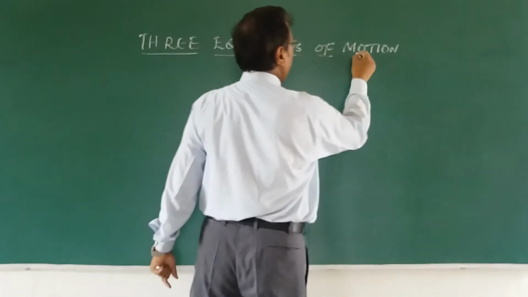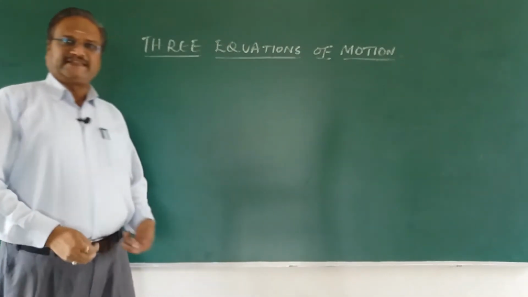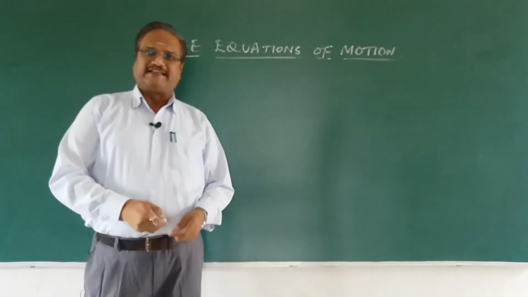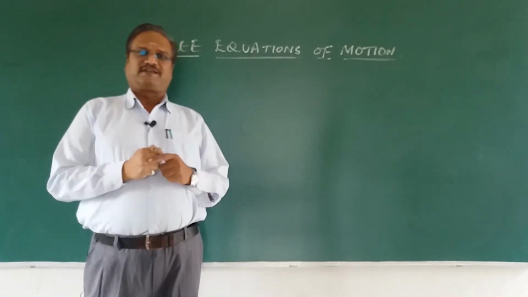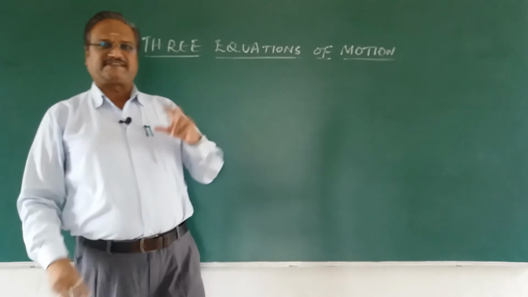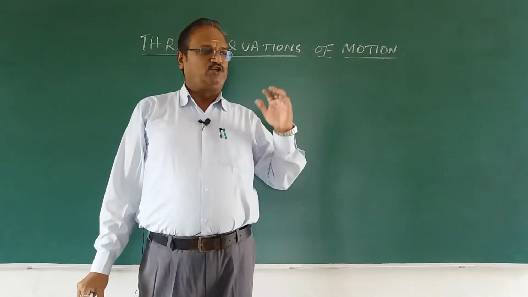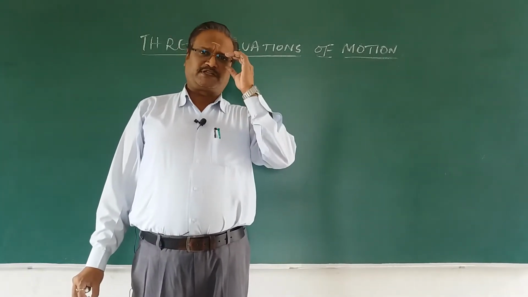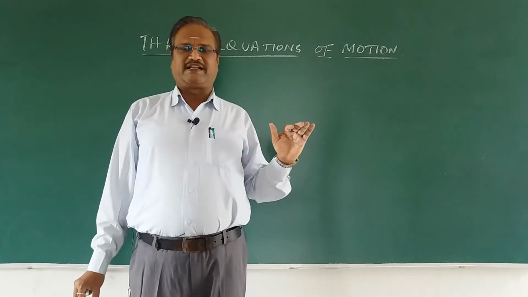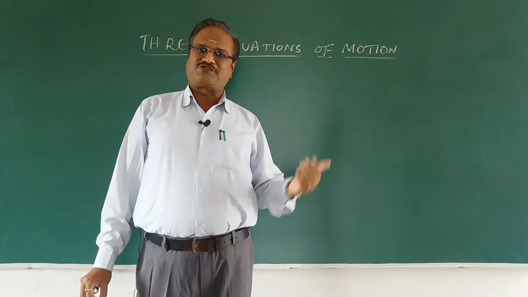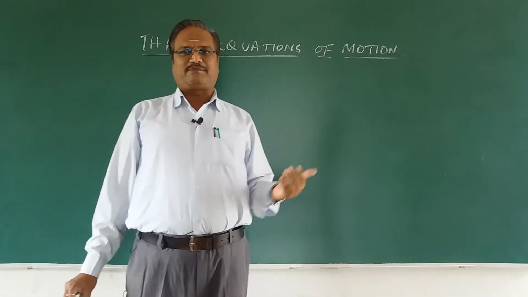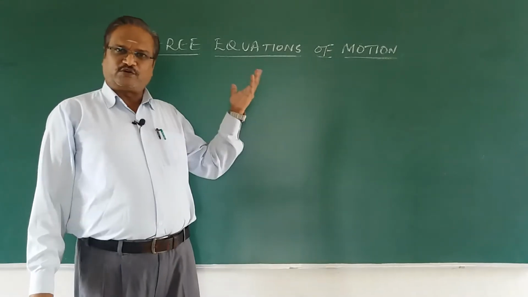First of all, this is basically for 11th standard, because we have completed the second chapter, units and measurement, with the dimensional analysis. We are moving to the next chapter, motion in one dimension.